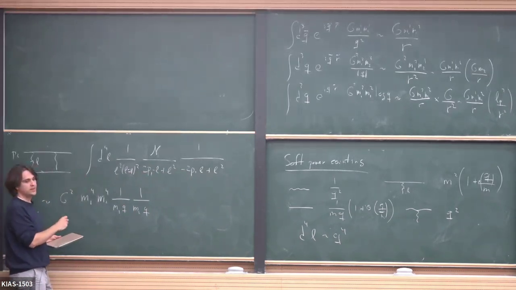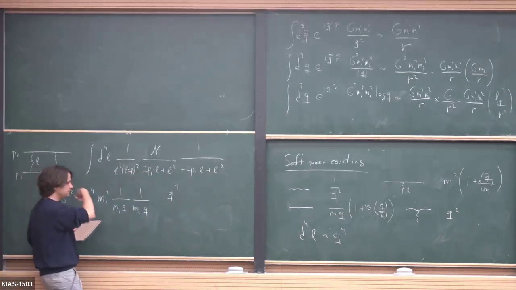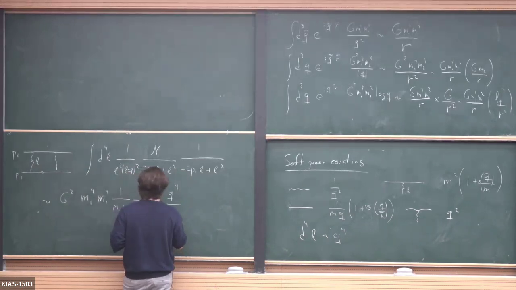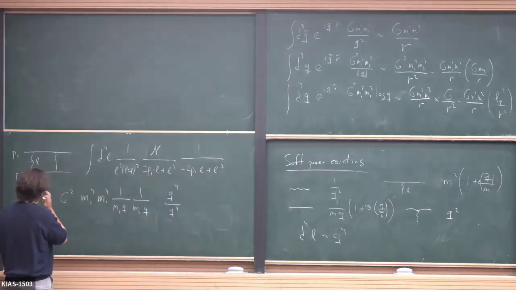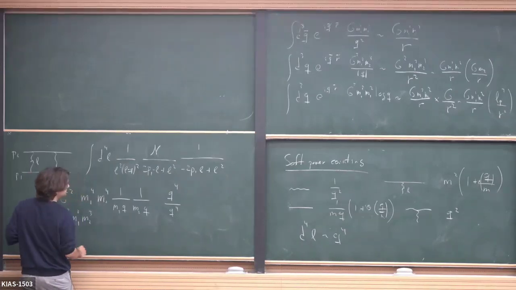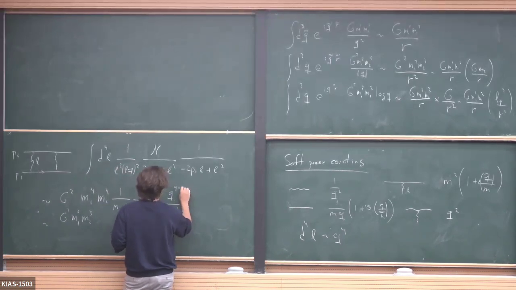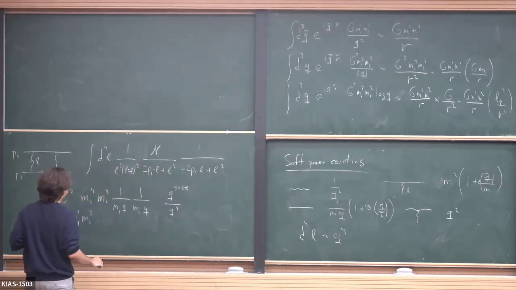The measure is going to give me a q to the fourth, and then I have 2 graviton propagators, which give me another q to the fourth. So this thing is going to go like g squared m1 cubed, m2 cubed. Let's be a bit more careful. It might matter later.